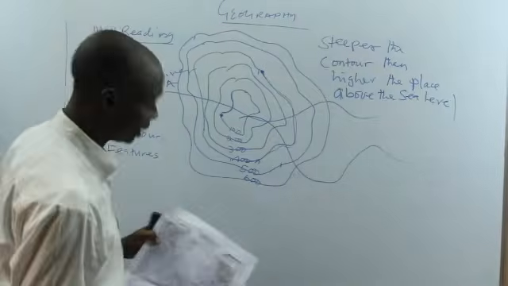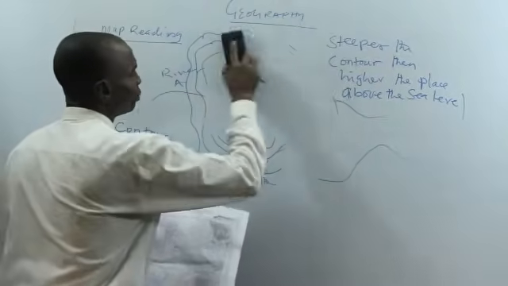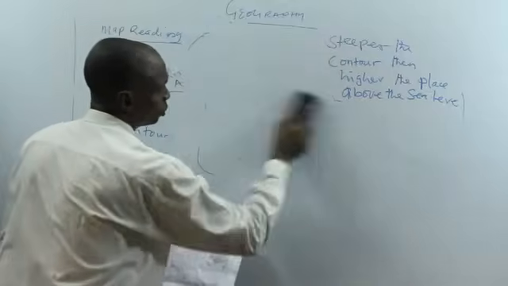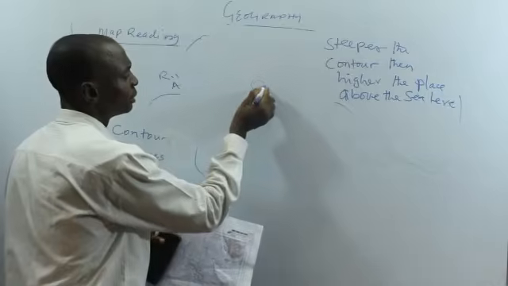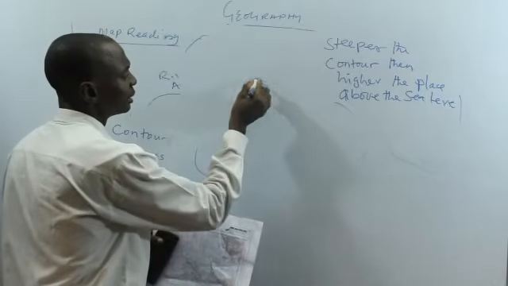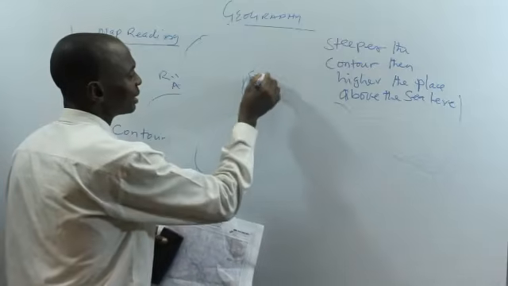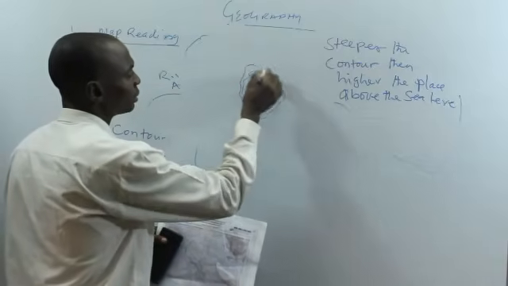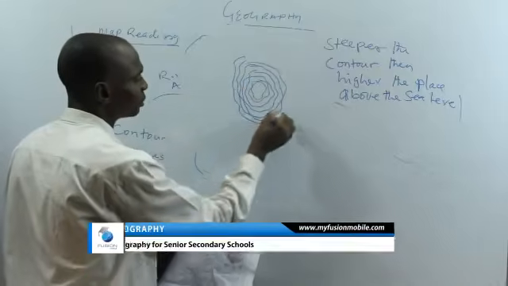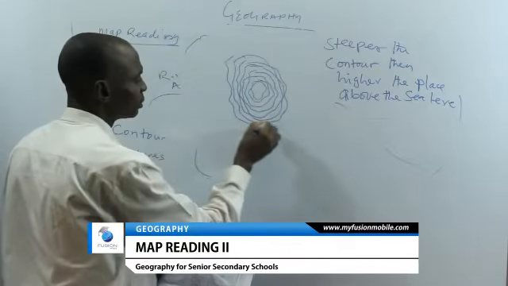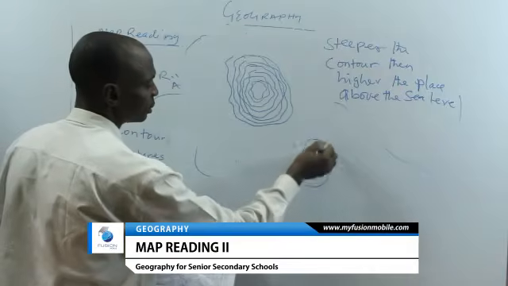What I mean by this is that, let me clean this and demonstrate what I've just written on the board. When you have a contour line that's so compacted, then you have another one like this.